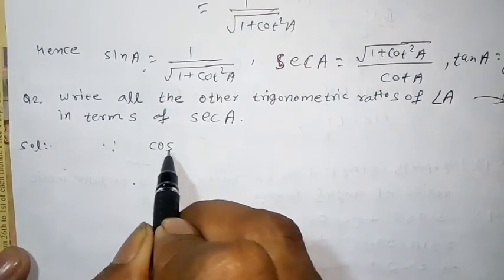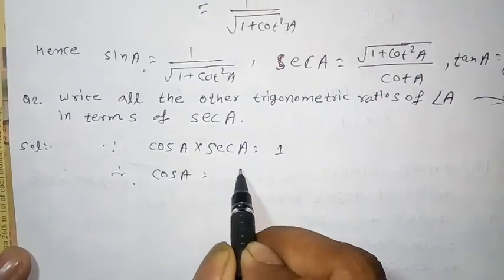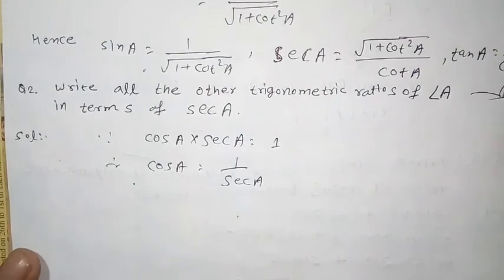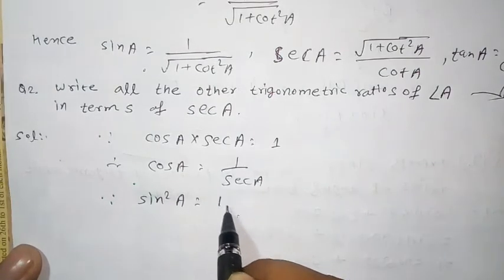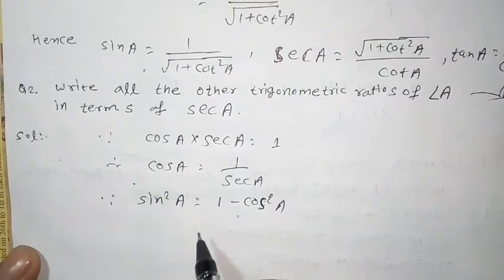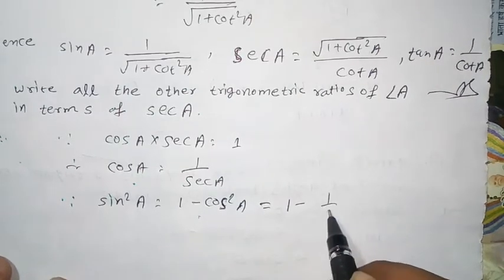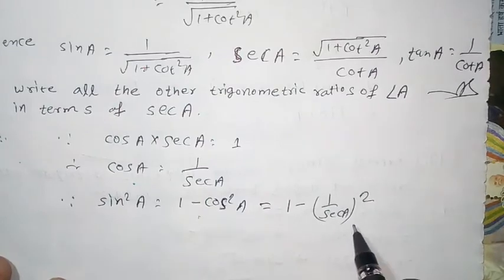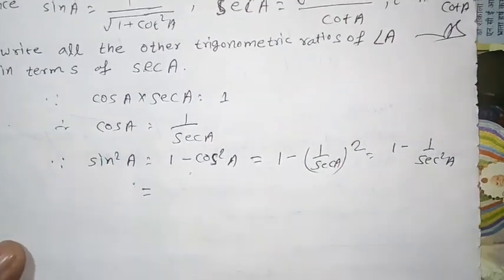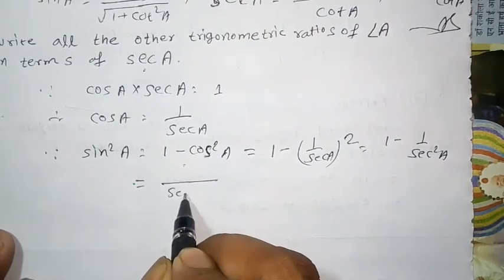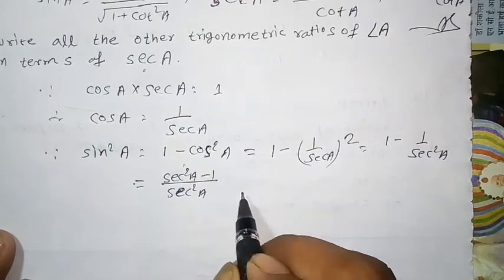Because cos A into sec A is equal to 1, therefore cos A is equal to 1 by sec A. Again, because sin square A is equal to 1 minus cos square A, is equal to 1 minus 1 by sec A the whole square, is equal to 1 minus 1 by sec square A, LCM sec square A, then sec square A minus 1.